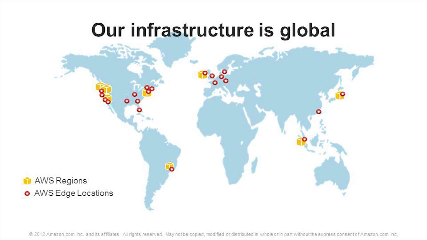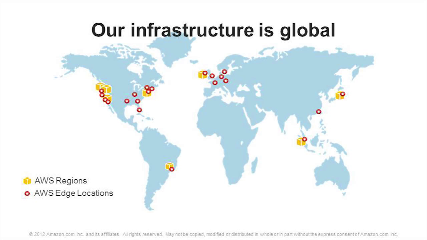It's extremely important for you to know that when you choose to store data, process data in the cloud, you have complete choice and control of where that happens. If for reasons of latency or legal reasons or just personal choice, you need to keep your information in the US, you have the choice of multiple AWS regions in the US.